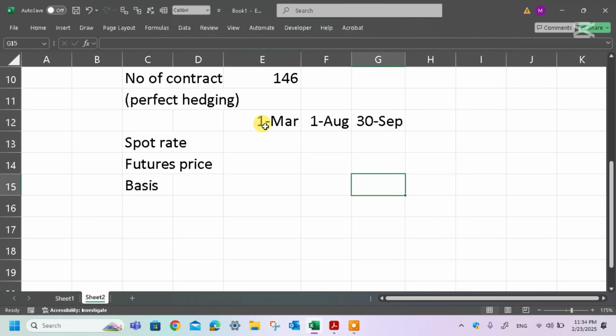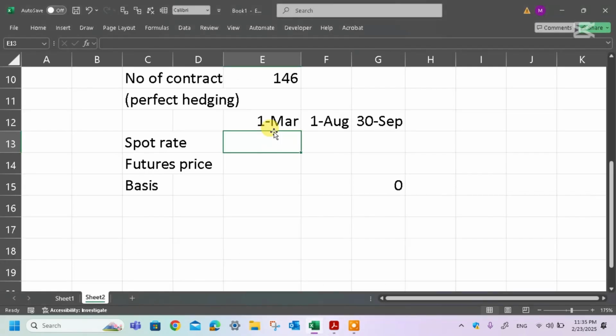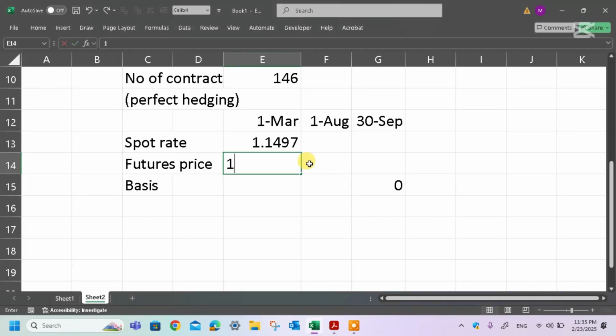Remember, on the expiry date, basis has to be 0. Spot rate today, 1.1497. Futures price here, 1.1560.